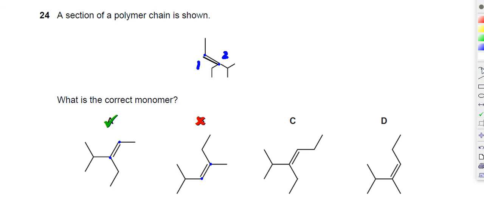Let's check C. The two carbons. None of the carbons is bonded to CH3, so this is not correct. And let's look at the last one, D. The two carbons. Carbon number 1 is bonded to CH3 only, and the other one is H. So this one is CH3 and another group. So D is not the answer also. The answer is A.